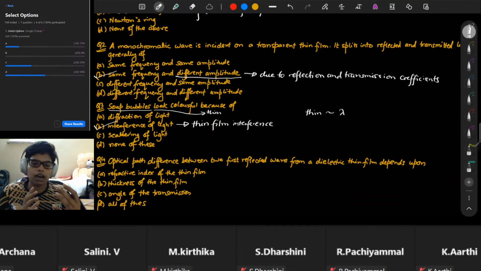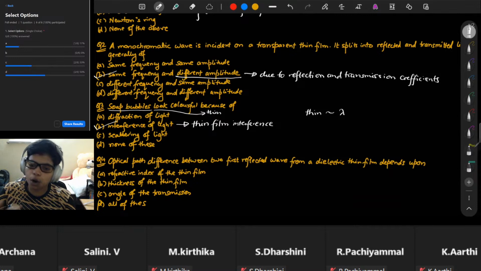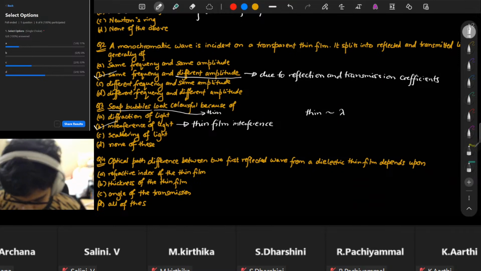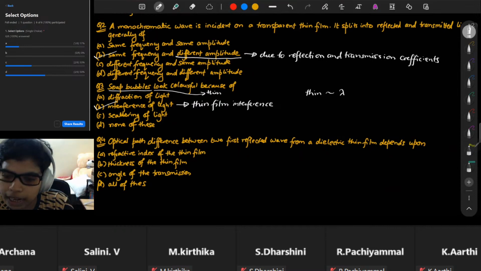And they will be randomized, meaning they will not be in some uniform order, because the thickness of the soap bubble is not uniform and it does not vary in a uniform manner either. So somewhere you will see violet, somewhere green, somewhere red, somewhere yellow, and all over your soap bubble will look colorful. So this is because of interference of light, and in particular thin film interference.